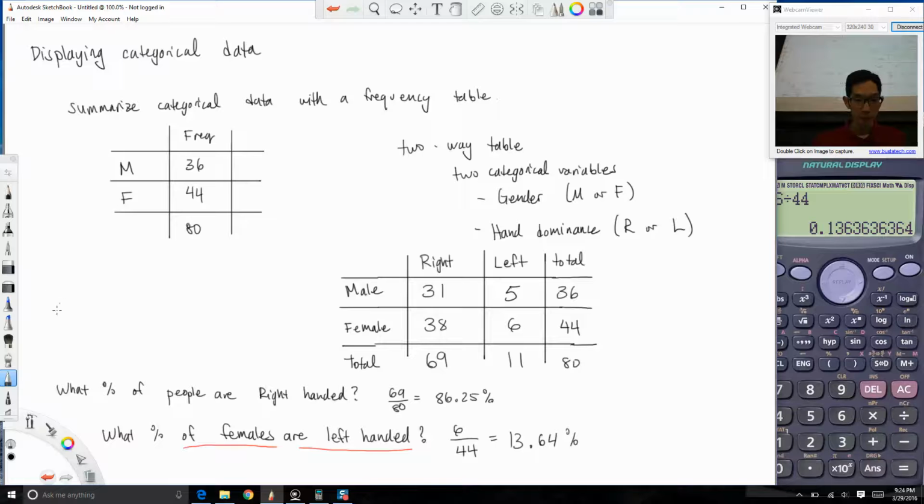Let me write over here, what percentage of left-handed people are female.